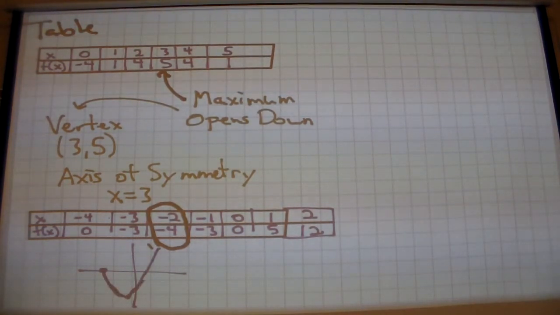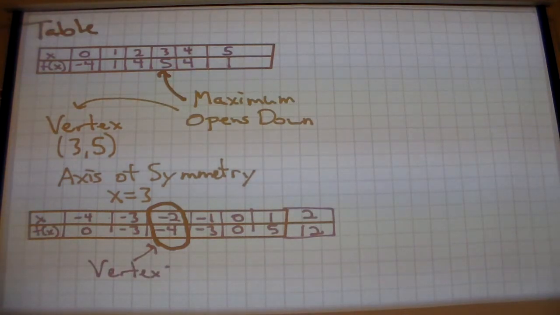See how it kind of turns and changes direction right there? That's where your vertex is. The vertex is where it changes direction. So your vertex is -2, -4.